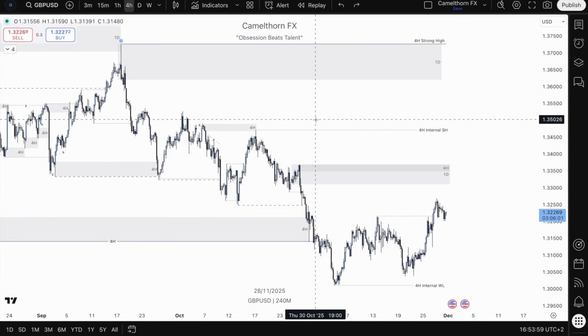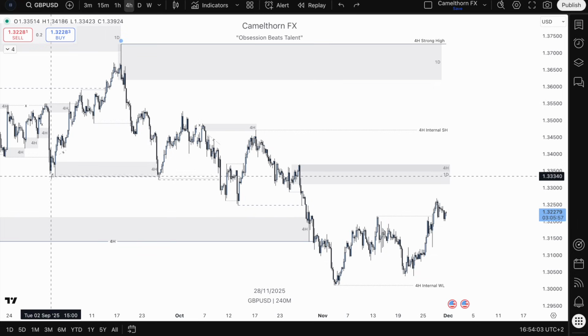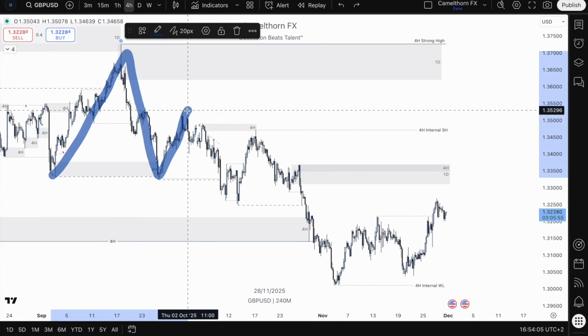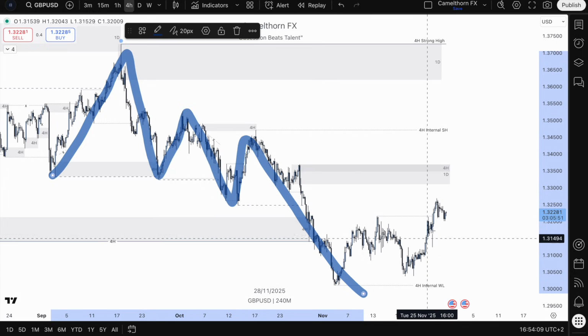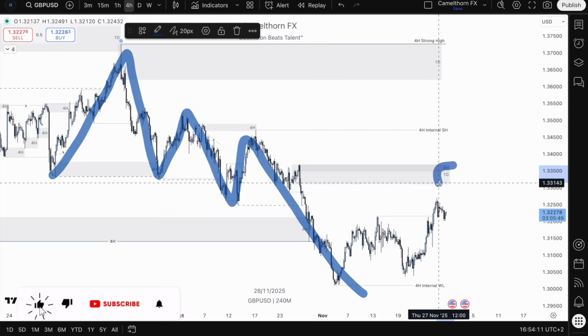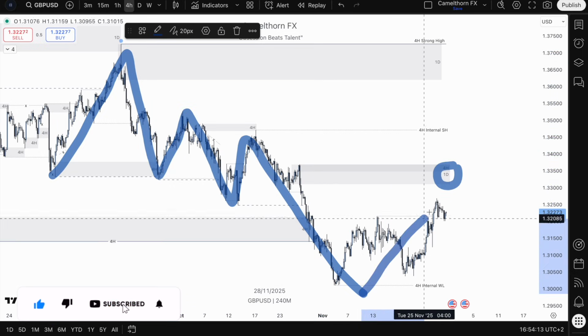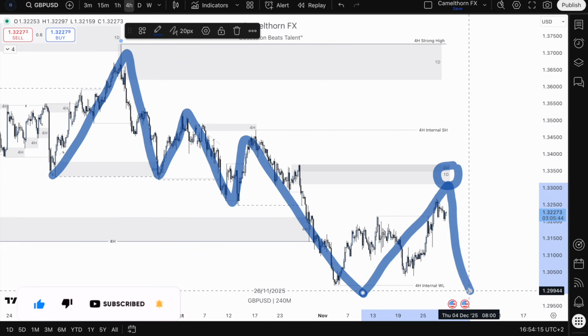So going into the month of December 2025, with the understanding that our internal structure here on the 4-hour time frame is bearish, we can look for potential sell opportunities from this daily supply zone to trade a potential resumption of the current 4-hour impulsive phase.